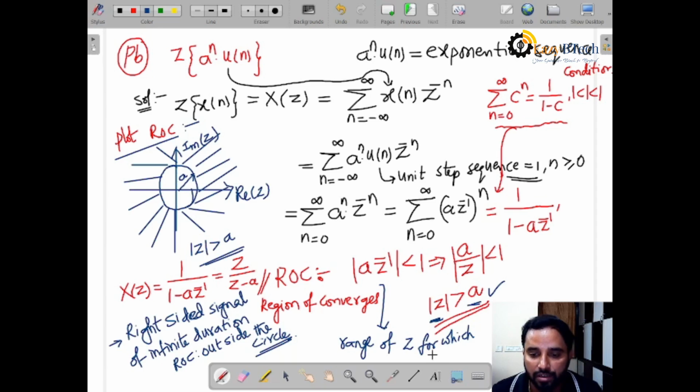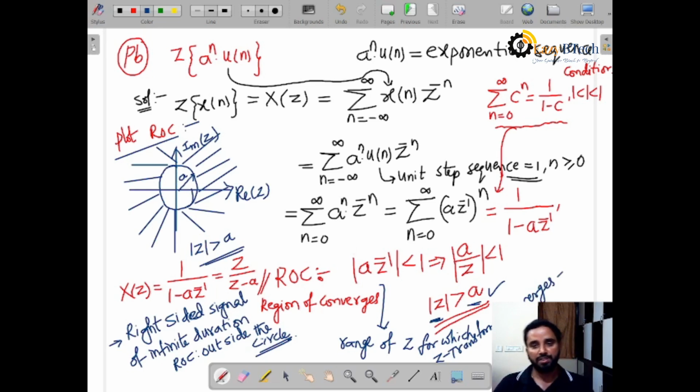So the range of z for which the z transform converges. I am writing this statement now.